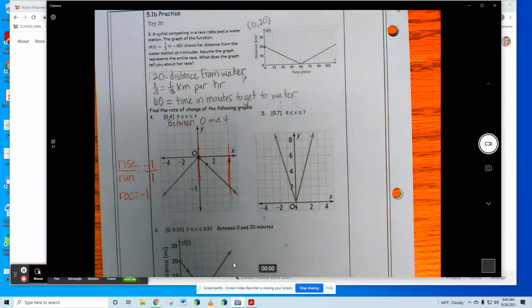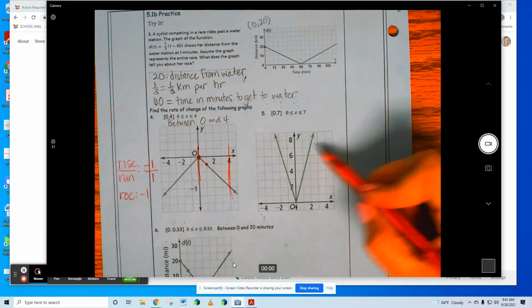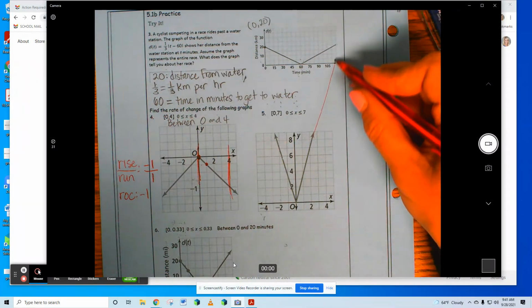Number 5. Between 0 and 7. Well, my graph doesn't go to 7. But doesn't the graph move the same? My line isn't zigzagging in different directions; it just goes fluidly.